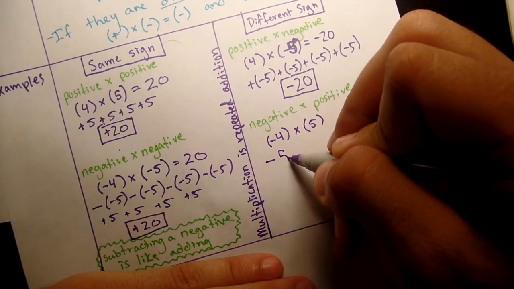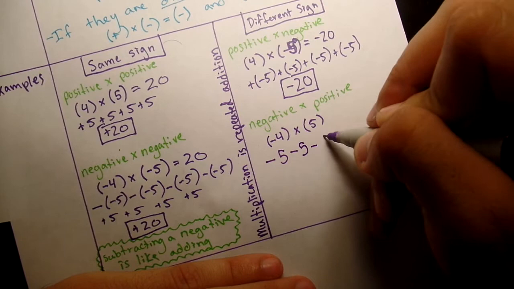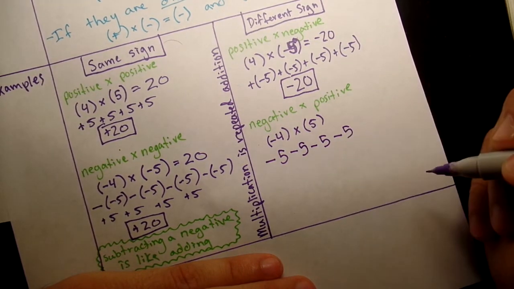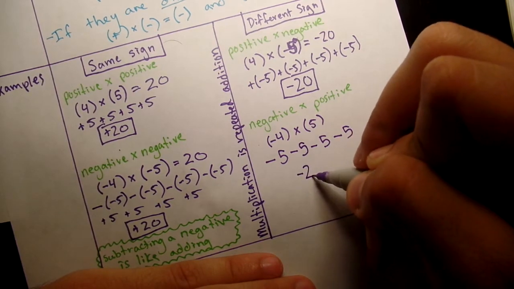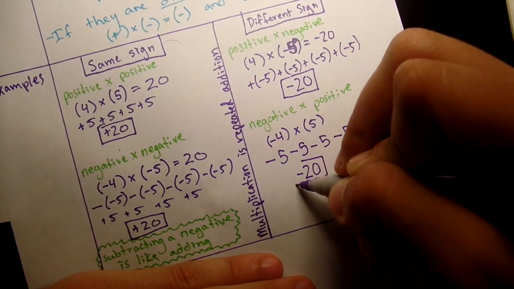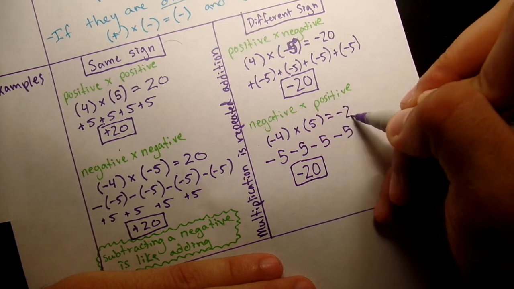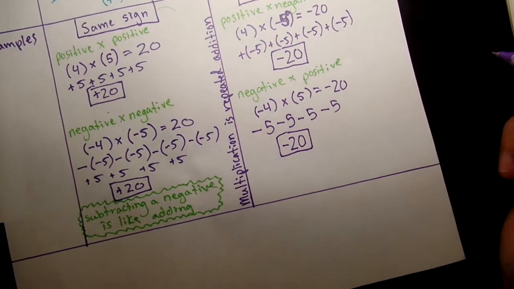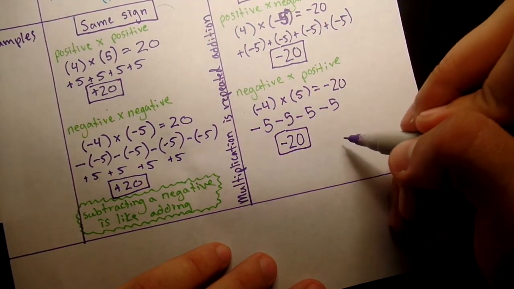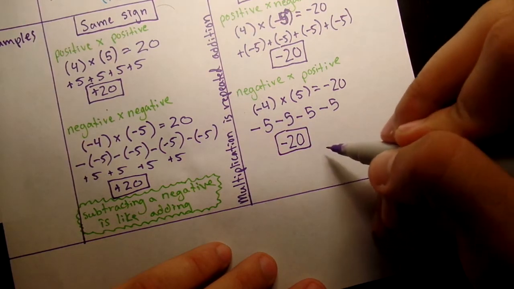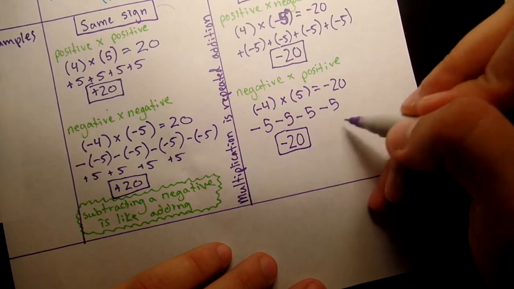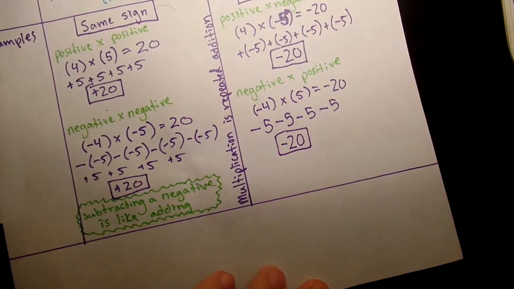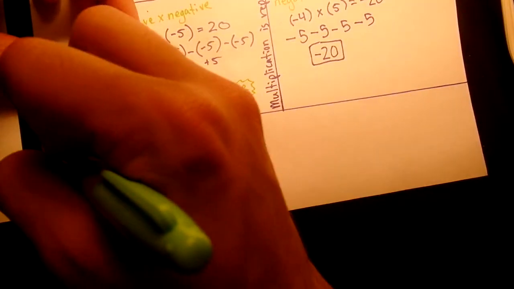So it's a -5, -5, -5, -5, 5 bad guys, 5 bad guys, 5 bad guys, 5 bad guys is a total of 20 bad guys. So that equals -20. Okay? And if you're reading this or watching this, put a little star right here. Okay. And now for the last part, you are going to do exercises.